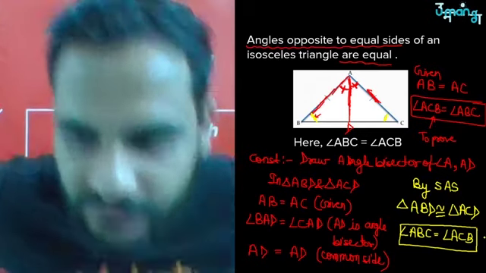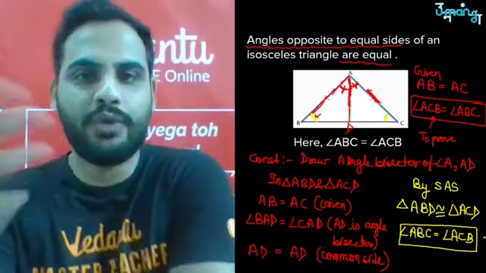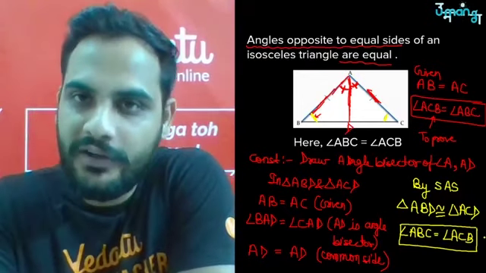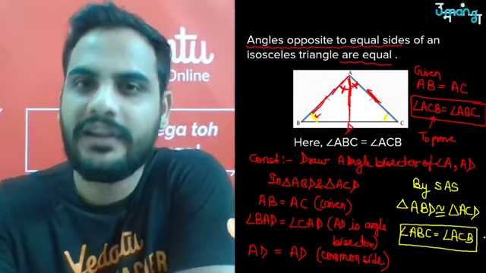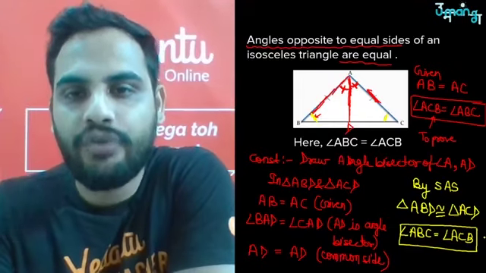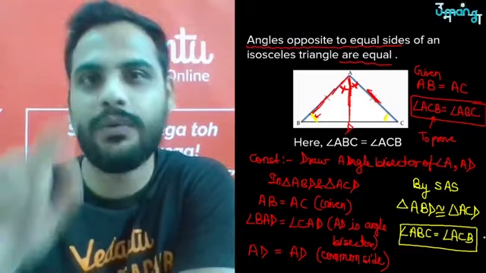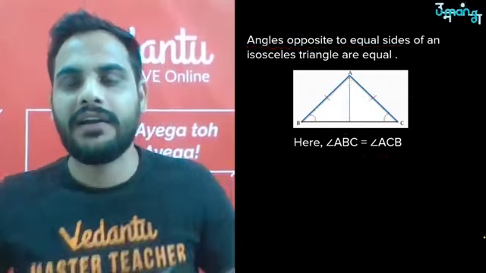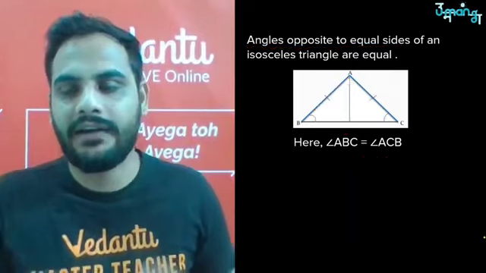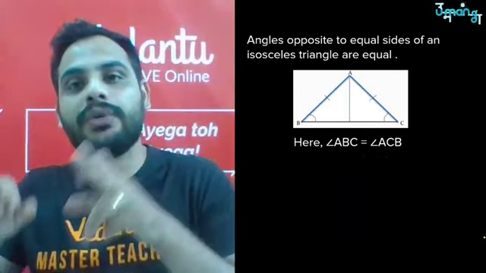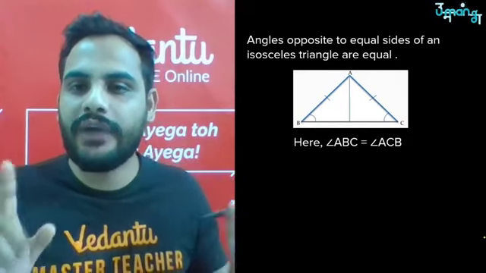So from now onwards you don't have to prove it every time. This property you will remember. The property is that in an isosceles triangle the angles opposite to the equal sides are also equal. So in an isosceles triangle, it is not only that two sides are equal, but two angles are also equal.